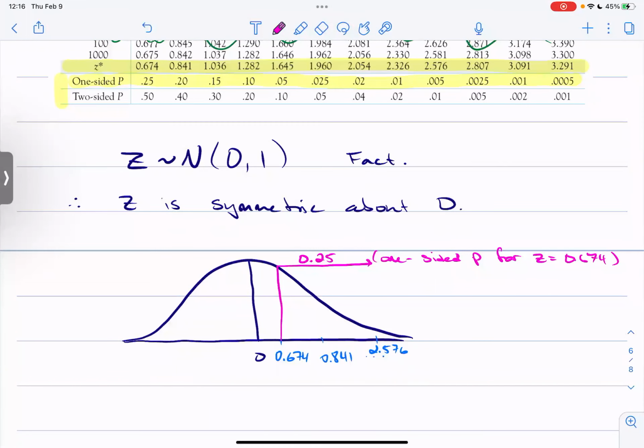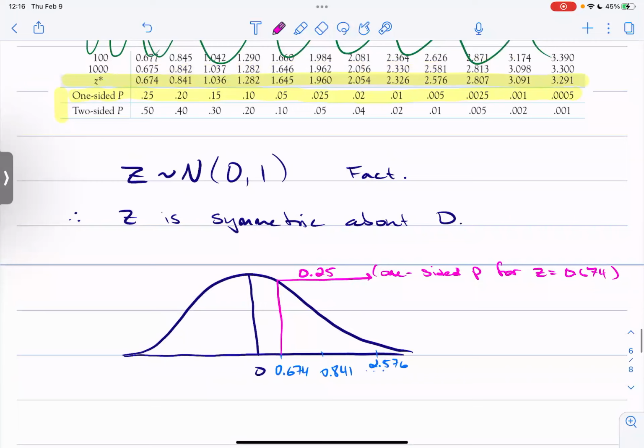Can do the same thing for 0.841. That's the next one. The area in the tail for 0.841 is 0.20. So again, one-sided P. And then I skipped a bunch and went to 2.576, and the area in the tail then is 0.005.